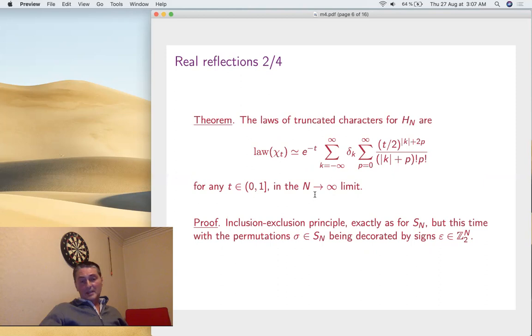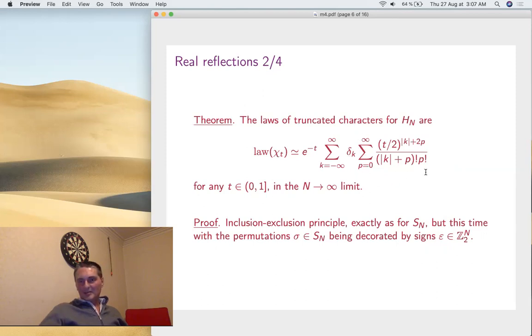So the law, once again, when n goes to infinity, is a bit like the s equals 1 case, starting with the exponential of minus t. Now I have this base here. First of all, because you have signs, it's supported by Z now. We're looking at the trace of matrices that are 0, 1, minus 1 permutation-like, so the trace is an integer, no longer positive. That's why it's supported by Z, and it's also centered.